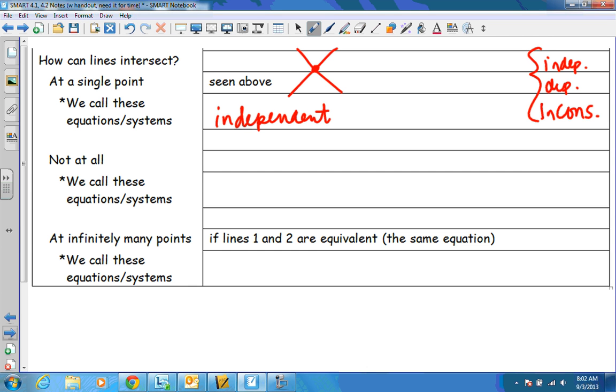What about if they are infinitely many points? So like if I had 2x plus... divided by 2 on both sides here. Would I have that?